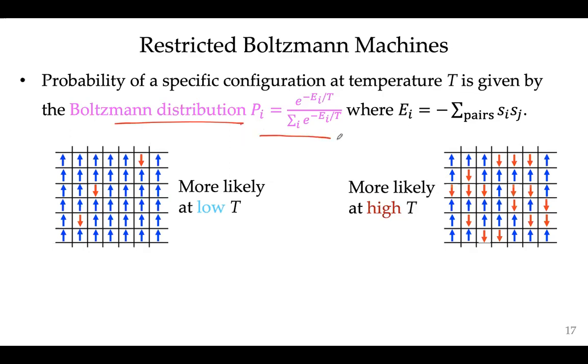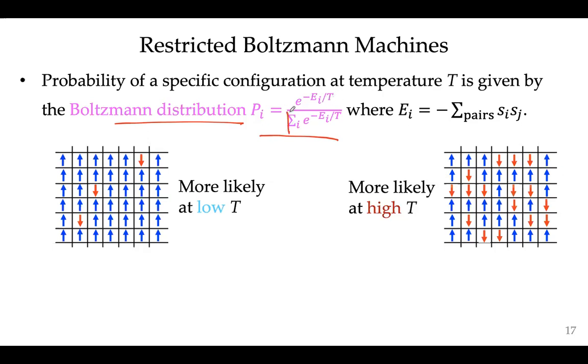So it's this formula. Basically, the probability of a particular configuration, which could be this one, for example, is the exponential of the negative energy of this configuration. You have to calculate the total energy by multiplying each pair, plus or minus, and then dividing by temperature.